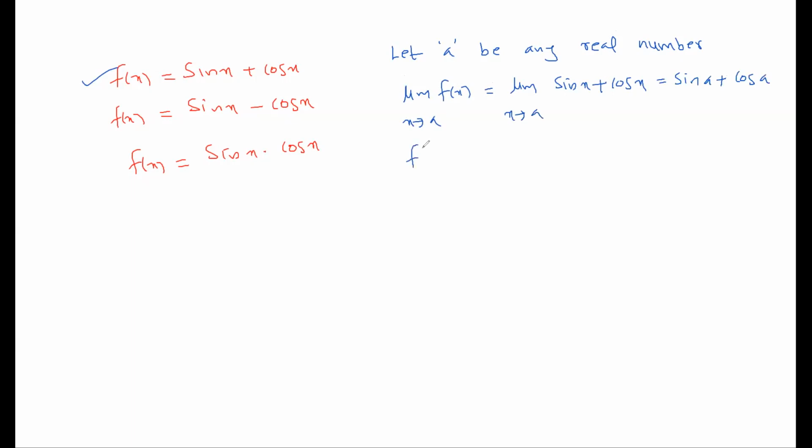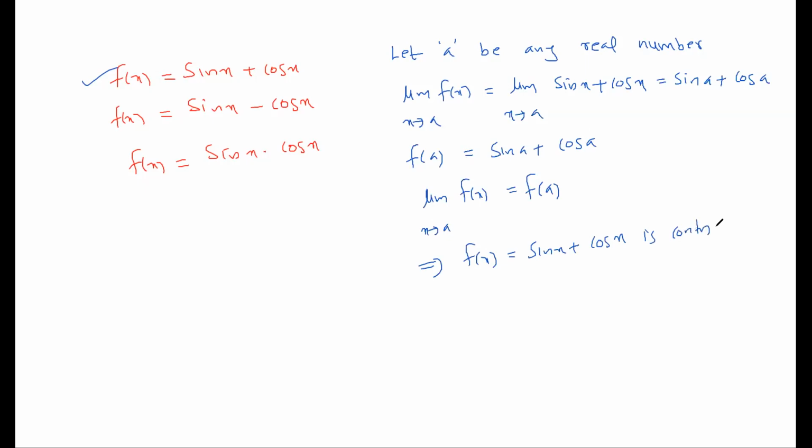Now f of a means putting a in place of x inside the function, so it is the same, sin a plus cos a. So the limit of f of x as x approaches a is the same as f of a. That implies f of x, which is sin x plus cos x, is continuous at all real numbers.